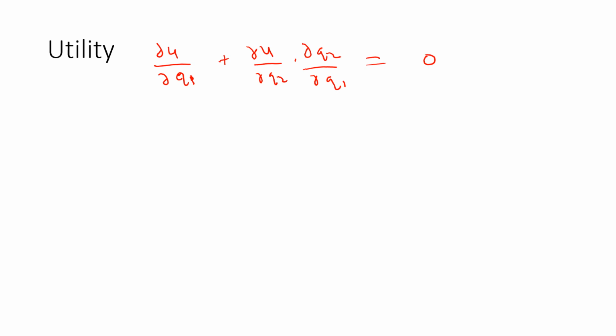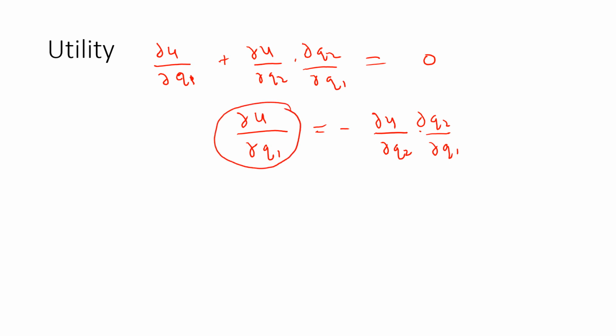This entire expression is equal to 0, and we can rewrite this equation: change in U due to change in Q1 is equal to minus change in U due to change in Q2 into change in Q2 due to change in Q1.